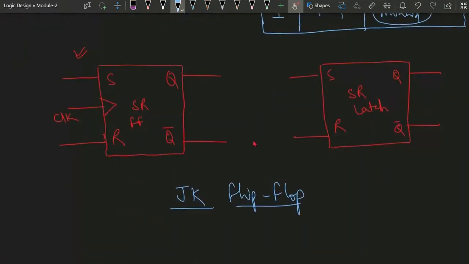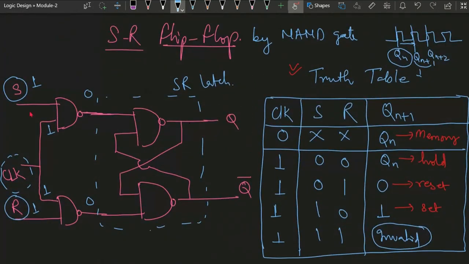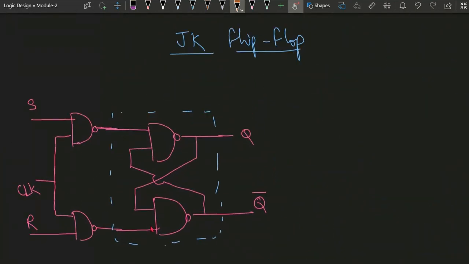So how is the JK flip flop implemented? The same circuit is there. This was the SR flip flop.